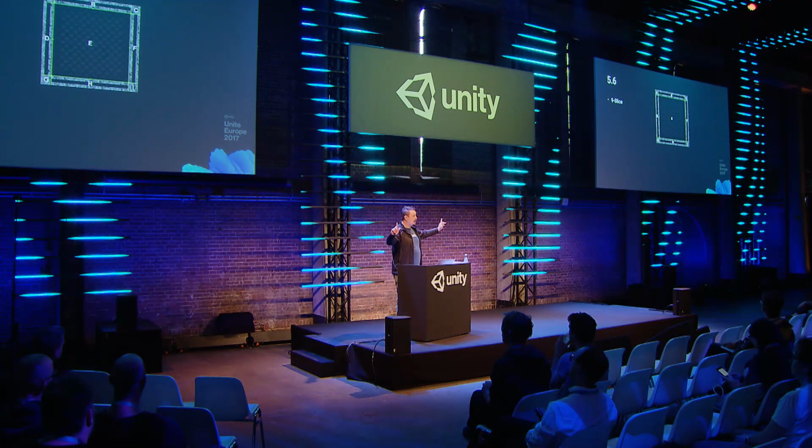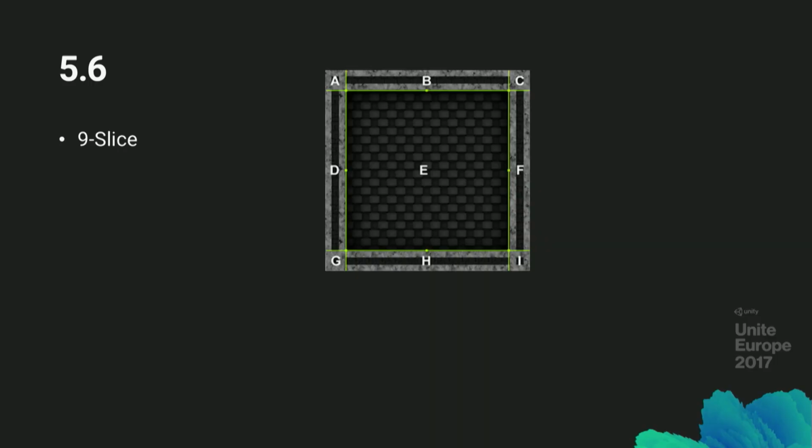And then when you resize the sprite, we're going to be resizing the different sections accordingly, right? So you can stretch this out, and the corners will not scale. The edges will scale only along the appropriate axis. This is useful if you're trying to fill up an area with a texture, like maybe you're trying to make a wall or a pattern or a floor.